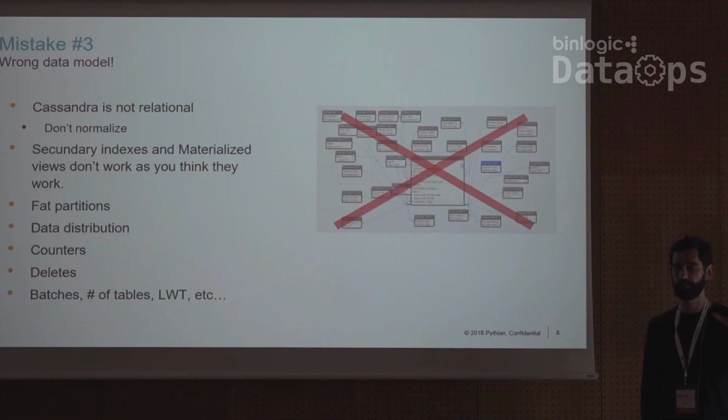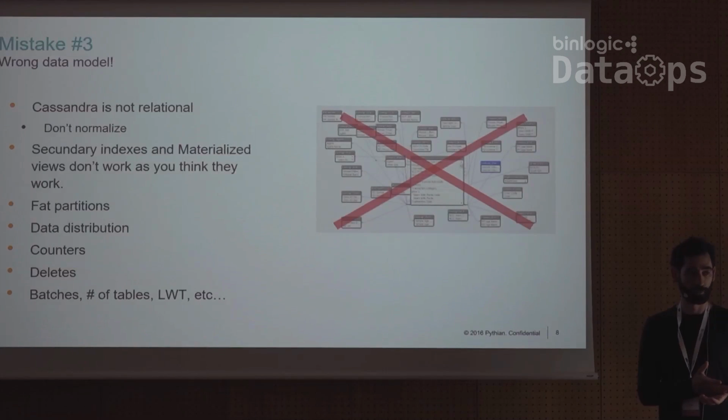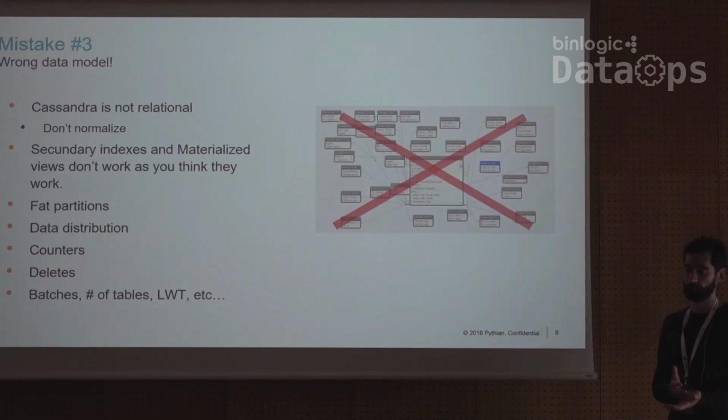So the coordinator node for that operation, if we are selecting using a secondary index, will say, okay, let's fetch this information from all the nodes, and then this coordinator node aggregates the information, checks what is the latest record, and then sends that information to the application. And this is very, very time consuming, and it's one of the reasons we have timeouts in Cassandra.